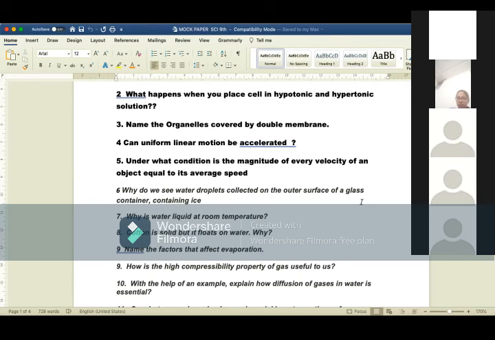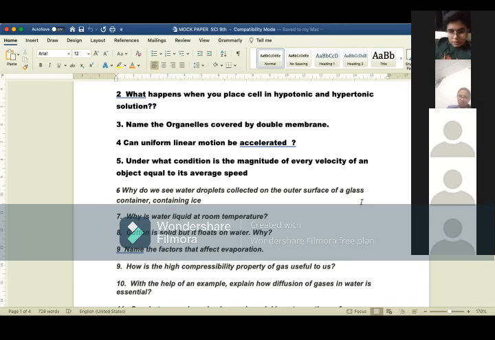It will keep floating, my dear, for a long time, and slowly, as the surface which is in direct touch with the water absorbs water, it will start dipping, and when the water has seeped into the entire cotton, then it will sink down. Yes or no? But initially it will float.